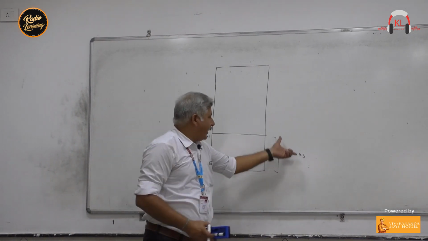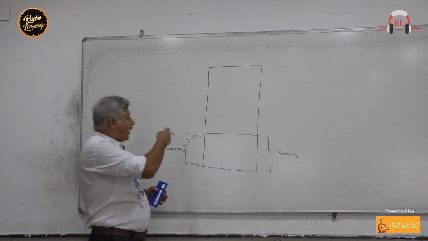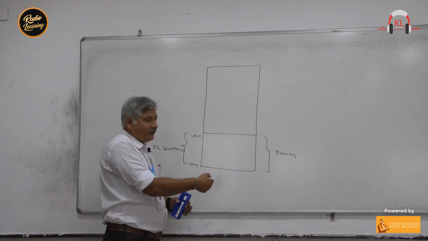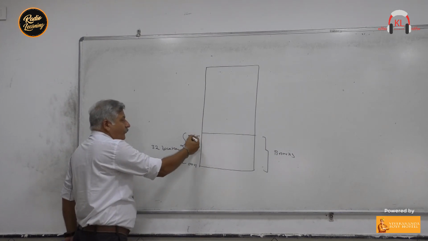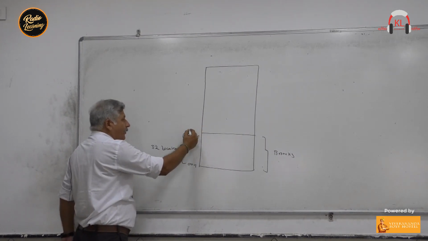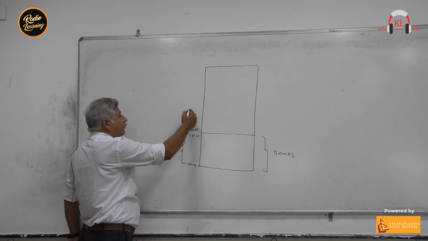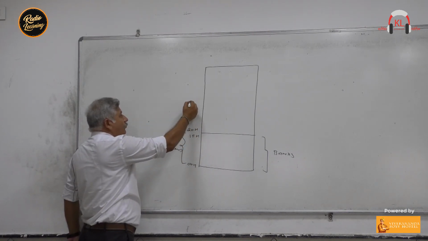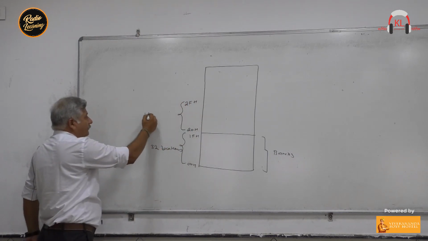So all the 4 banks are having total 32 locations. Right? After these 4 banks, the next address is after 1FH, the next hexadecimal number address is 20H, right? From 20H to 2FH.